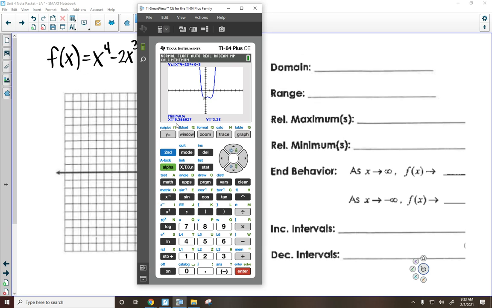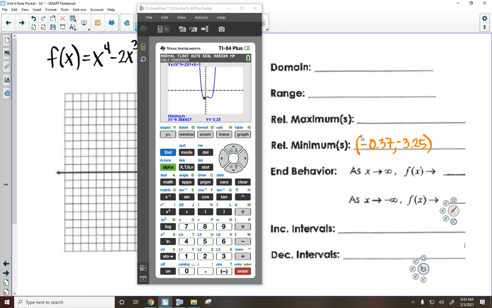So there I see my minimum value as negative 0.37 if I round. I'm going to record that over here in my nice little worksheet. So an x value of negative 0.37 and a y value of negative 3.25.